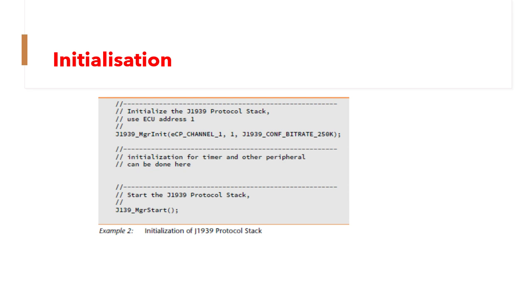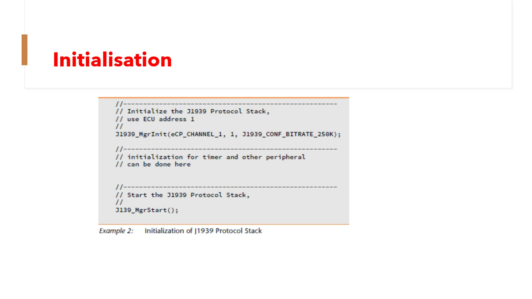This manager covers the initialization and control of the protocol stack. It also manages the initialization of the CAN interface via the CAN driver. The protocol stack is initialized by calling two functions: J1939_MGR_init and J1939_MGR_start.